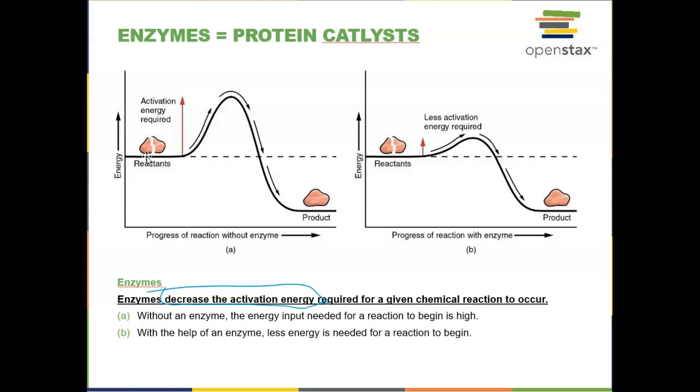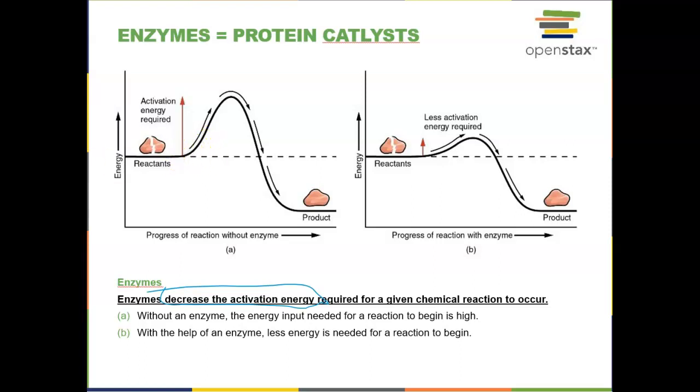It's sort of like a fire, right? Once a fire gets going, the energy released from the fire causes fuel next to it to burn. But there has to be a spark or a match to start the fire. That's what enzymes do, they get reactions started.